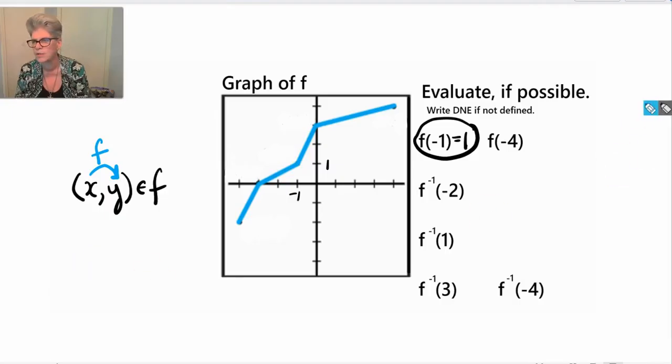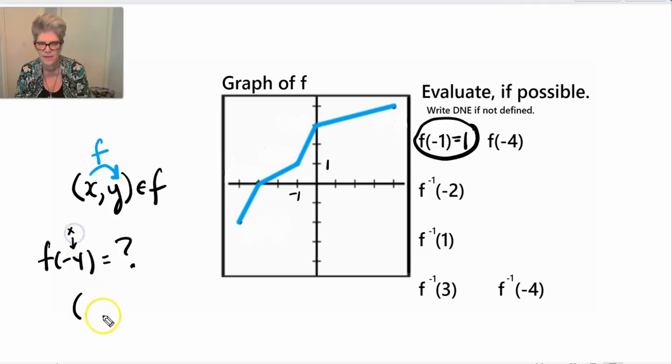Then let's go on to the next one, f evaluated at -4. You have to find the point on the graph whose x-coordinate, the number inside there, is -4. What f will do is map the x-coordinate into the y-coordinate, and your answer will be the y-coordinate. So when I look at this graph, -1, -2, -3, -4, there's the point whose x-coordinate is -4.